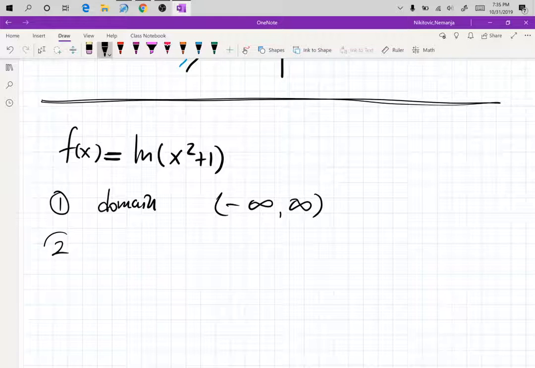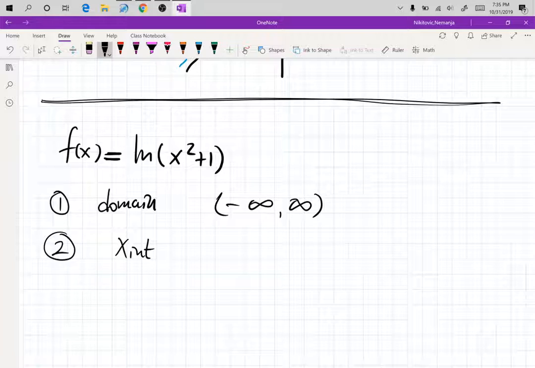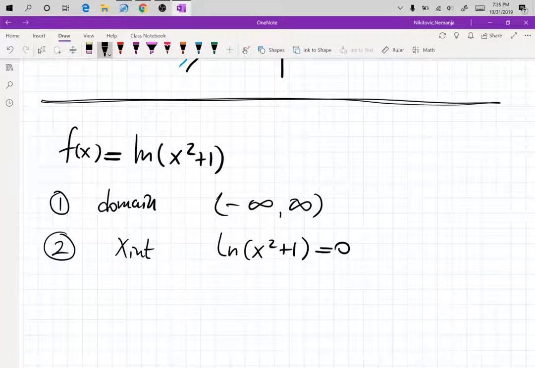Number 2. The x-intercept is going to be when we set ln of x squared plus 1 equal to 0 and solve this. In order to do that, you can exponentiate both sides with e.